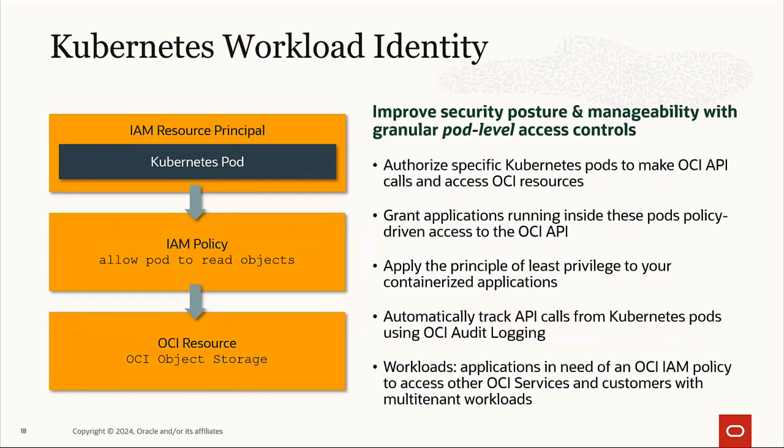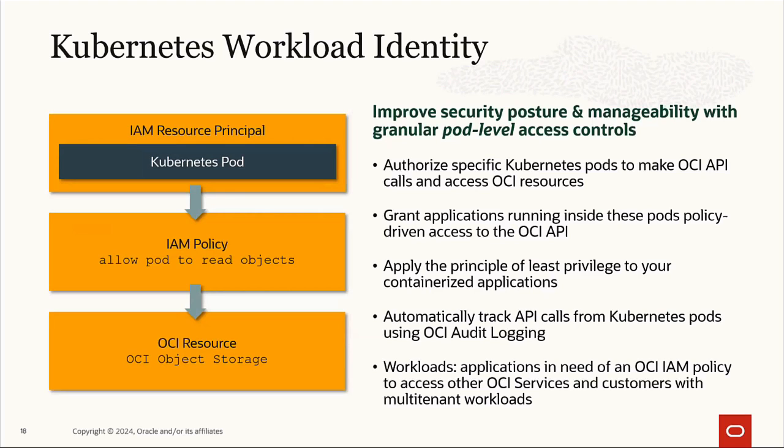Another feature that also helps implement a better layer of security while also helping to streamline some of your access control is the notion of a workload identity. So in the cloud, you can assign resource principals to things like compute resources that allow those compute resources to essentially authenticate and authorize against the OCI APIs to interact with other services in the cloud.